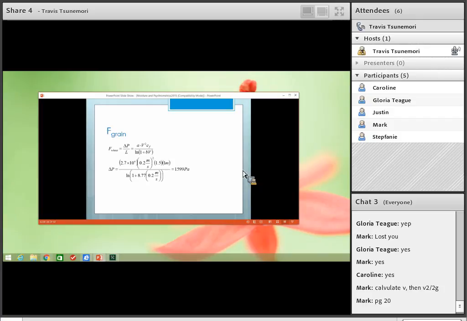That's the height of the grain. I'm going to divide by that term the natural log of 1 plus B, and B comes from our table, 8.77 times V, which is the velocity. And so if we calculate that out, 1,599 pascals, which doesn't help us much because we need it in meters to compare it to the other ones.